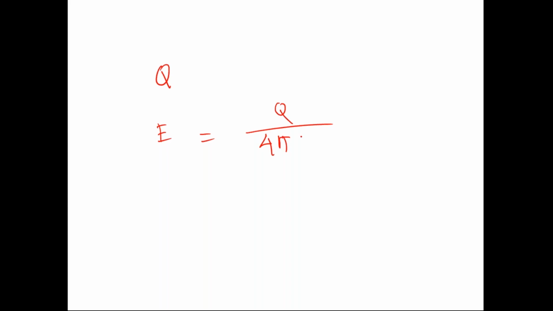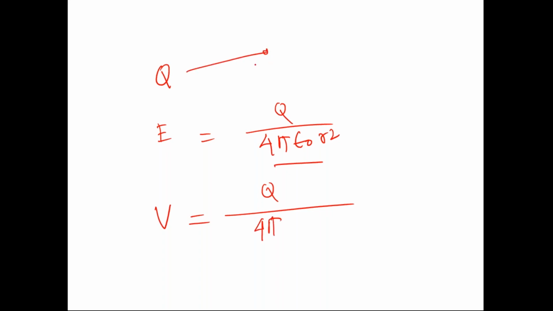Now you got the potential at any point r, say point P, from the charge q, as q by 4 pi epsilon naught r. So how is potential varying and how is electric field varying? The electric field varies as 1 by r square, and the potential for a point charge varies as 1 by r.